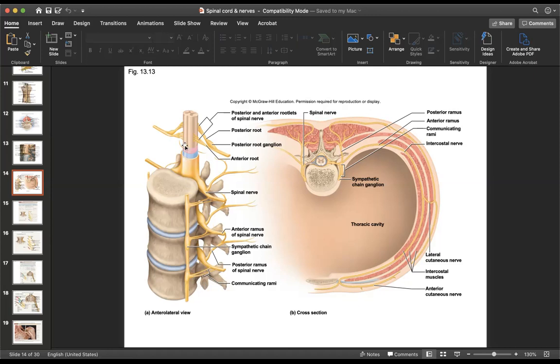So they form a chain up and down the thoracic vertebrae. And at the level of the thorax, this anterior ramus goes out and forms the intercostal nerve. So it innervates the intercostal muscles as well as receives sensory information from the corresponding skin.